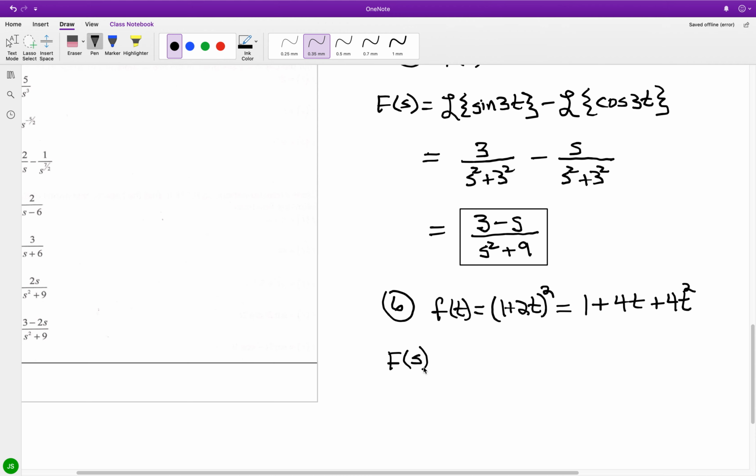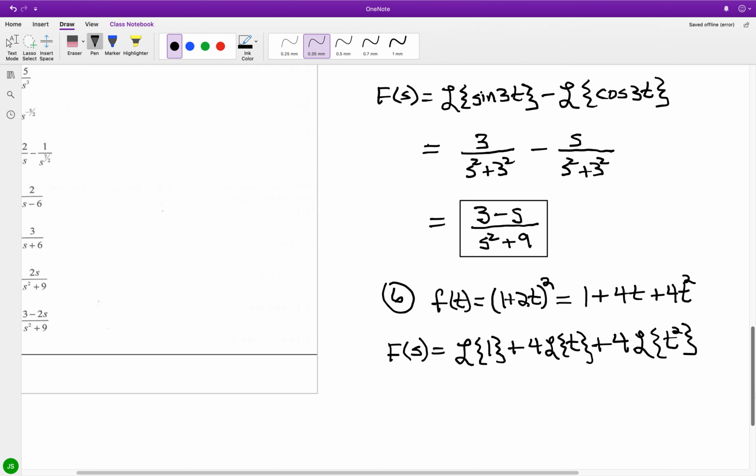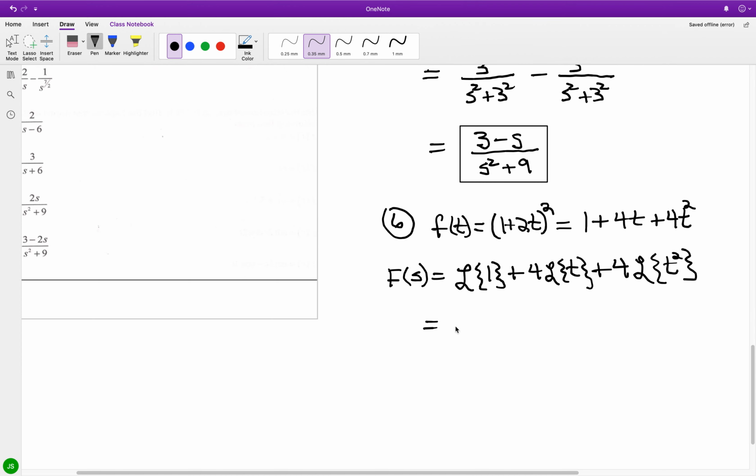And for the Laplace transform, in this particular case, I can add together. So you have the Laplace transform of 1 plus 4 times the Laplace transform of t, and plus 4 times the Laplace transform of t squared. And putting it all together, the Laplace transform of 1 would be 1 over s.